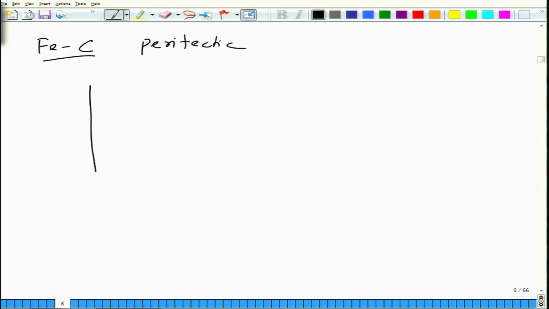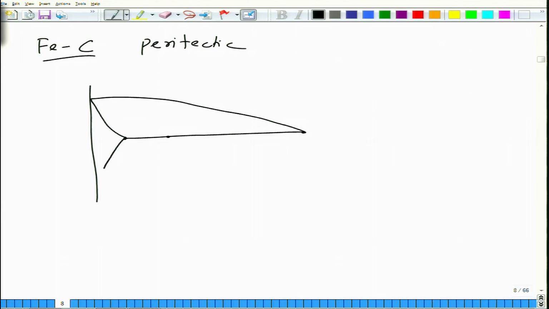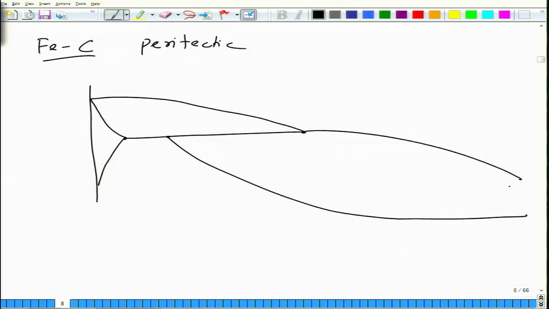If I just draw that particular line, basically what happens is that here you have liquid present.